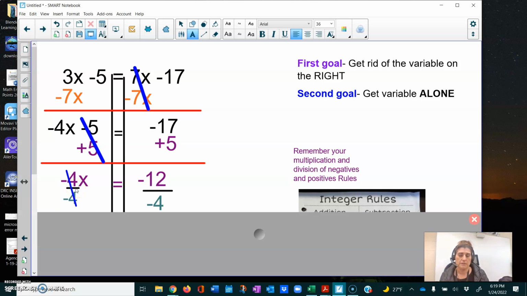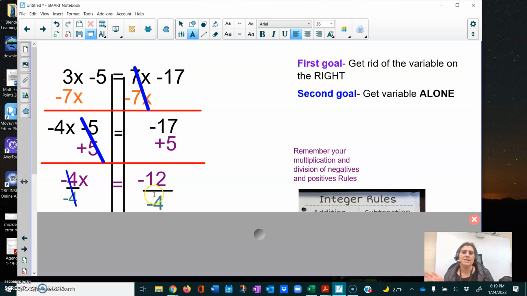So I have to divide. I divide by negative 4, and anything divided by itself is going to be 1. So that cancels it out. When we divide, we want it to be 1, we don't want it to be 0. And a negative divided by a negative makes a positive.